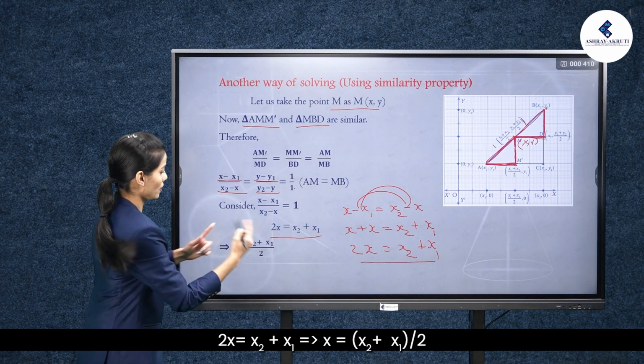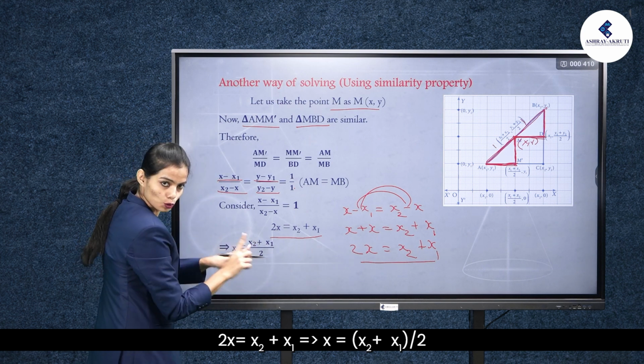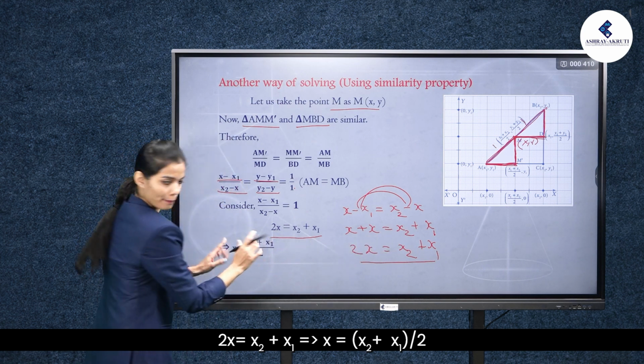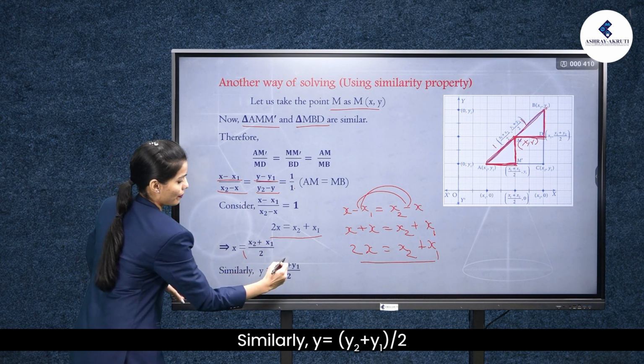Two x is equal to x2 plus x1, so x is equal to (x2 plus x1) by 2. Similarly, y is equal to (y2 plus y1) by 2.